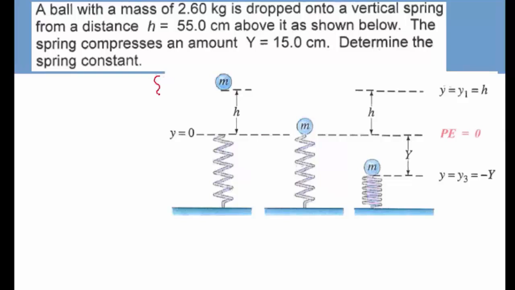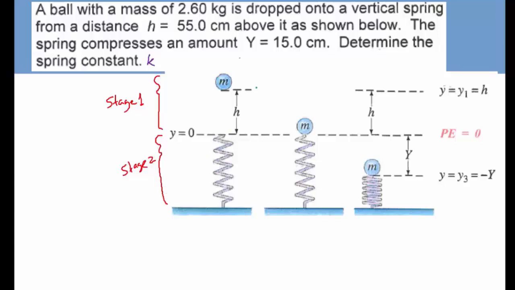The first stage is the free fall, while the object is under the influence of gravity. And then the second stage, where the object will encounter the spring and apply force on it, causing it to be compressed. The problem asks us to find the spring constant, which is k. And hence, stage 2 is the most important part.